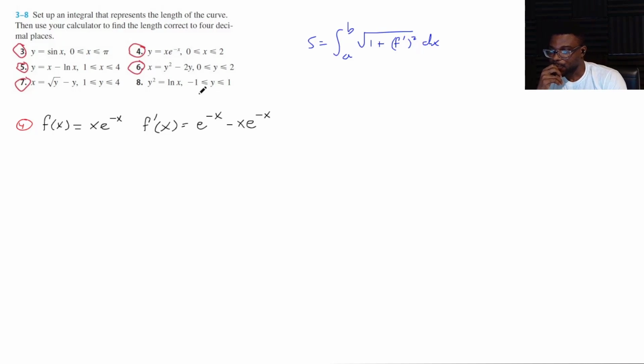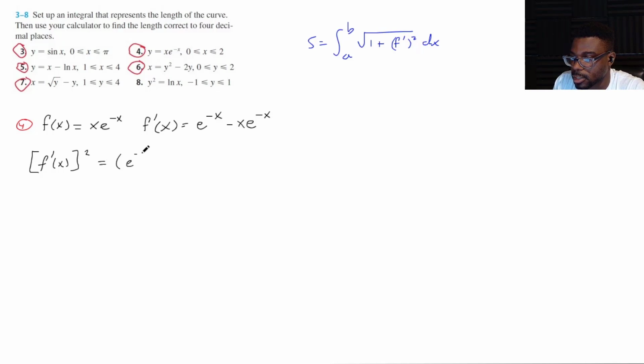Okay, so now we have to square this and add 1 and then try to integrate it using this formula. So let's do that. We're going to do f prime of x squared. Now this is going to come out to be e to the negative x minus x times e to the negative x, all squared.